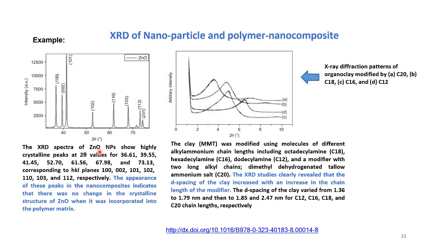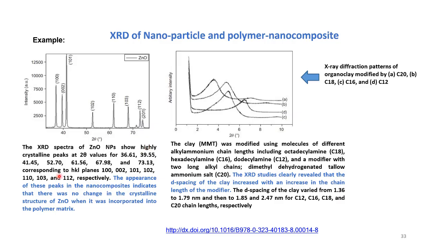Then for nanoparticles and polymer nanocomposites. So here the catch is that suppose we have a ZnO nanoparticle, it will give a very sharp, highly crystalline peak. So these peaks are coming at these different two theta values, and the planes corresponding to these are mentioned here.